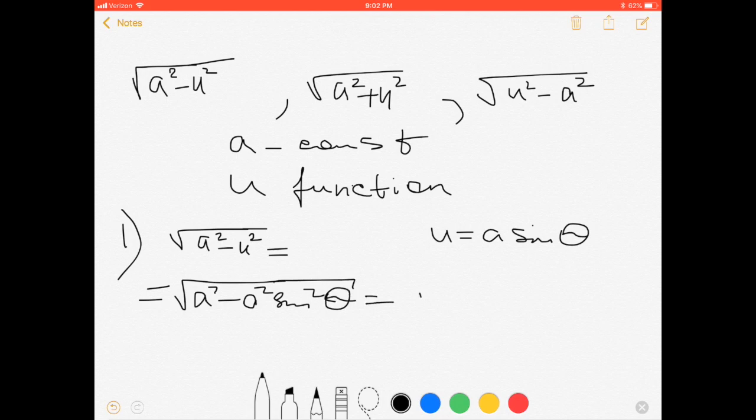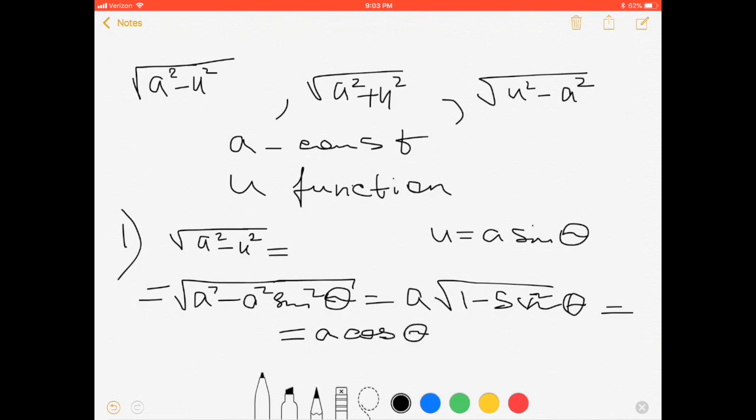Take out a square, 1 minus sine square. Use trigonometric identity, this is equal to a cosine theta. This means we are moving from root to this kind of function.